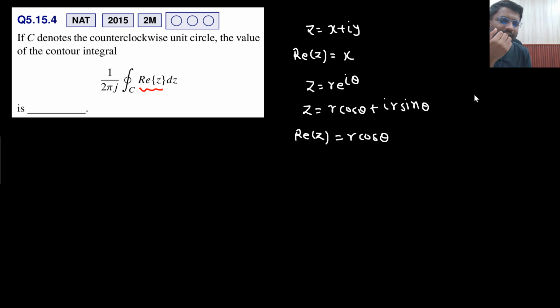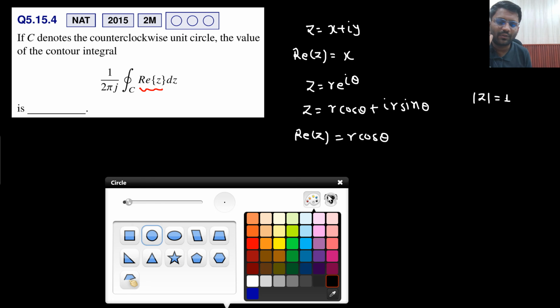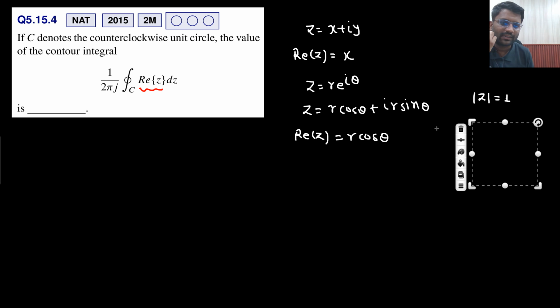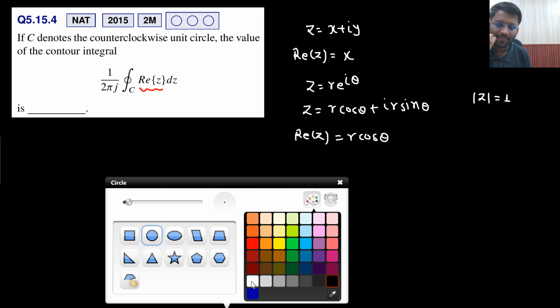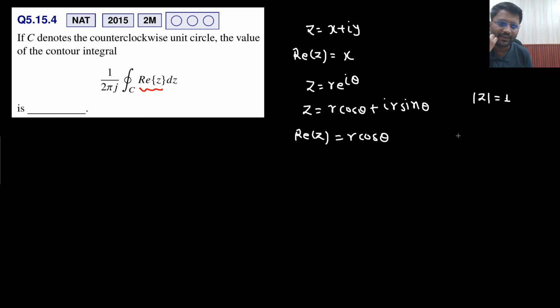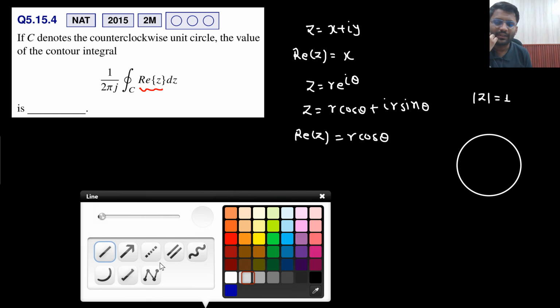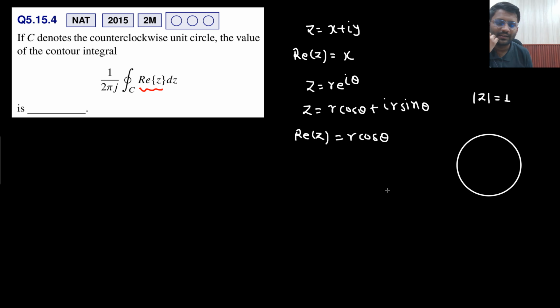Contour is the unity circle. So on the unity circle, the value of r will be 1 only. Always the value of r will be 1 only.